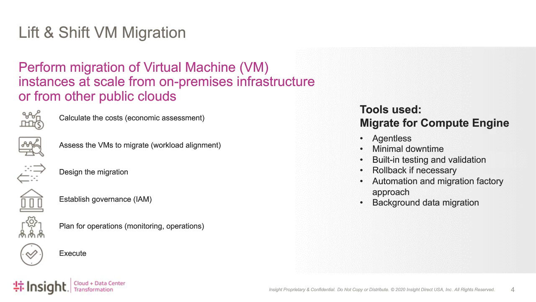Obviously, the first consideration is to find all the applications and the underlying infrastructure that can simply move to, say, a GCP, and it's a simple lift and shift VM migration. So there are tools within the GCP cloud environment to simplify that process. You can move it from your on-prem VMware environments. You can move it from any other cloud if you have to.